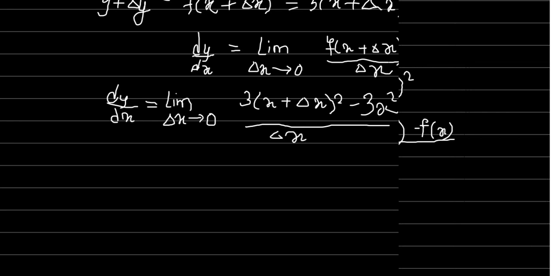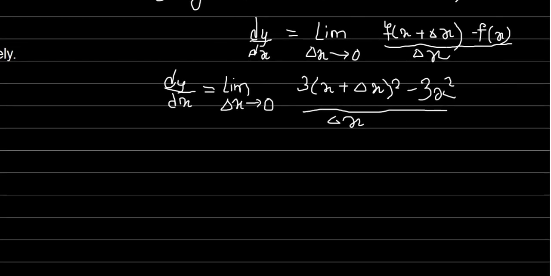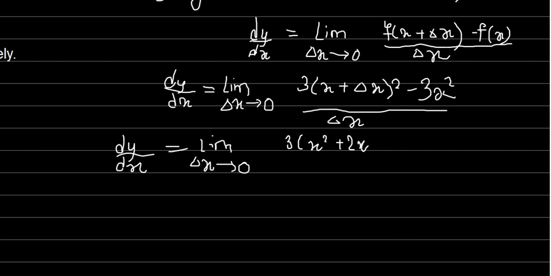So dy over dx equals limit del x tends to 0 of 3 times x square plus 2x dot del x plus del x whole square, minus 3x square, whole by del x.